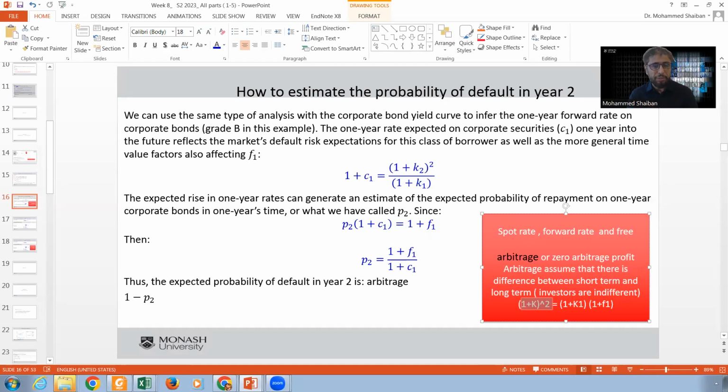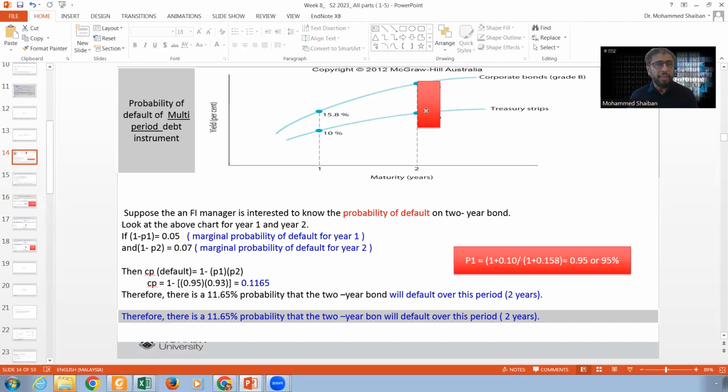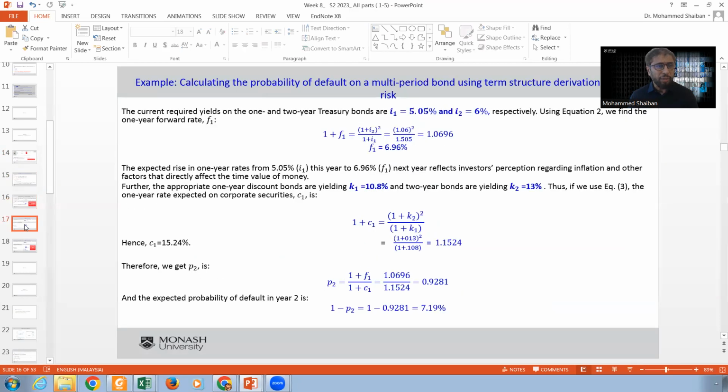And this concept, if we assume it, can help us actually understand how to get the K2 and I2. And it is based on that, we can look at this example.